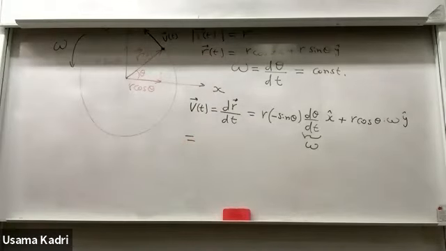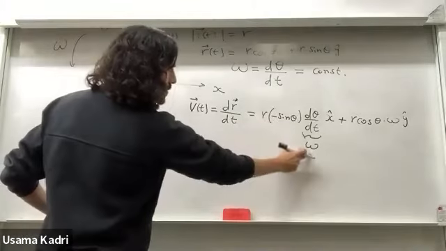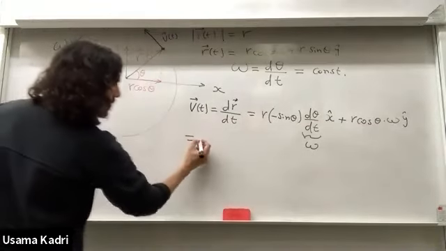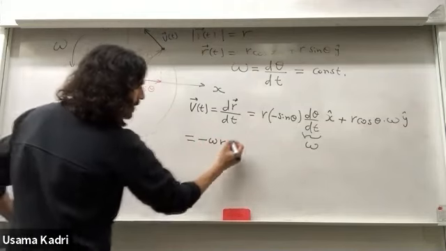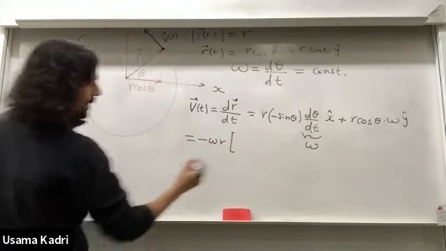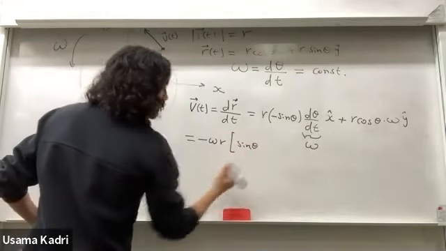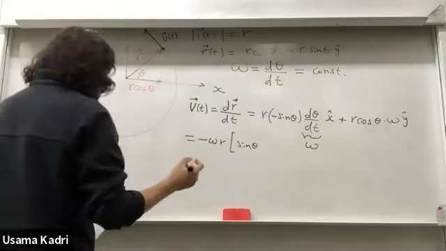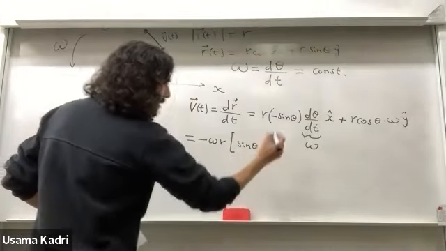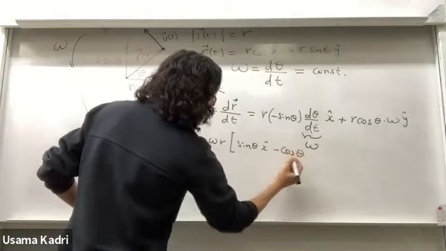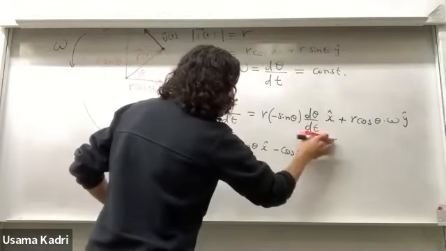We can take minus omega r outside. If I take minus omega r, then I end up with sine theta in the x direction, and then minus cosine theta in the y direction.